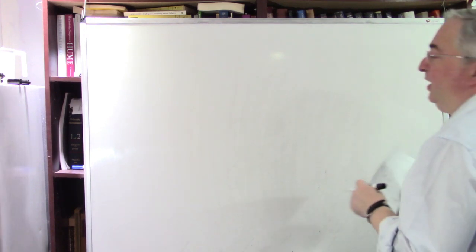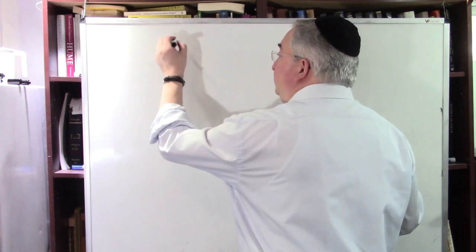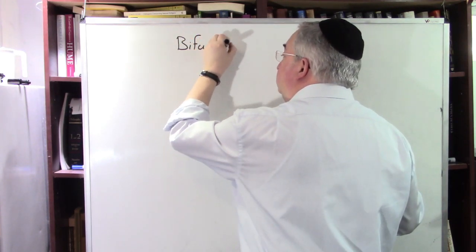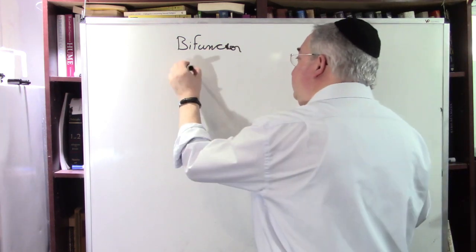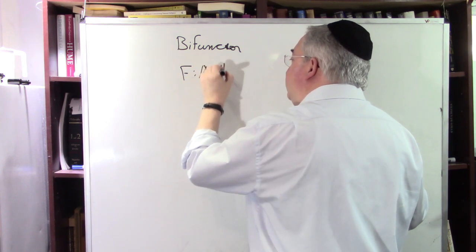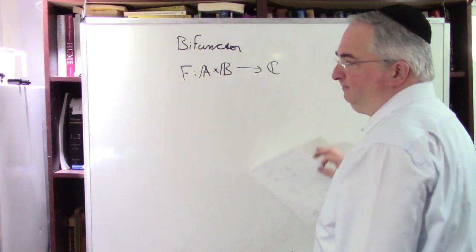Okay, last page of notes. Not only can we talk about functors, we can also talk about other types of things called bifunctors. What do I mean by a bifunctor? It's a functor that goes from pairs of categories to another category.